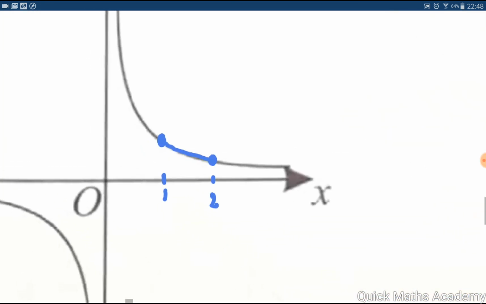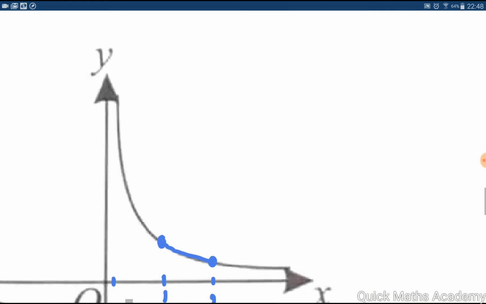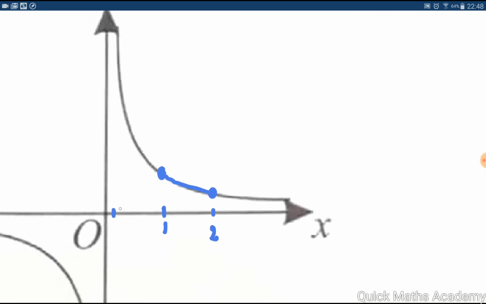When my x is 0.2, the drawing is not perfect, somewhere here 0.2, and my y is 5.